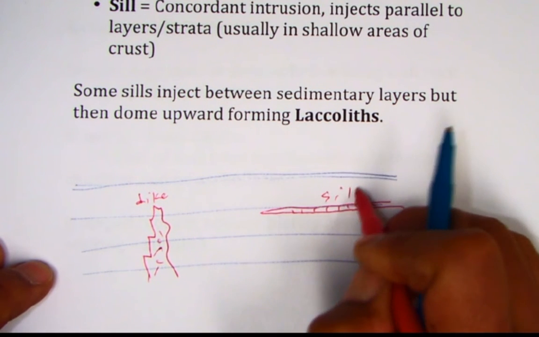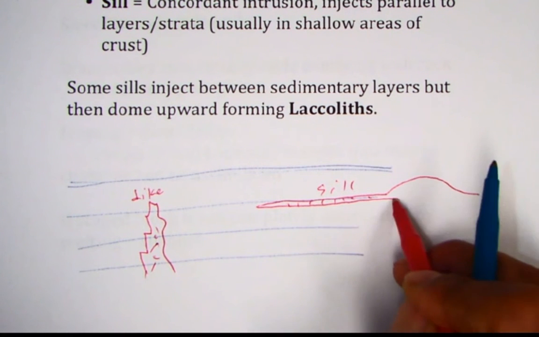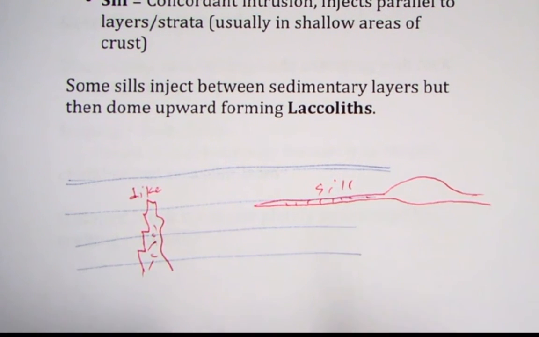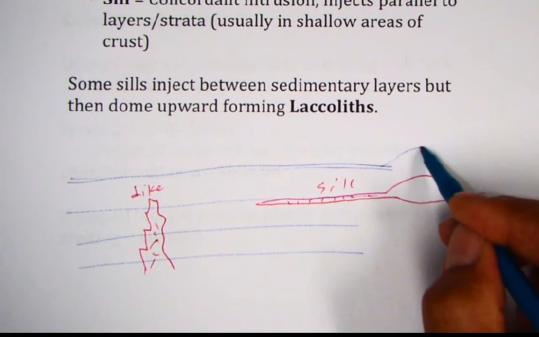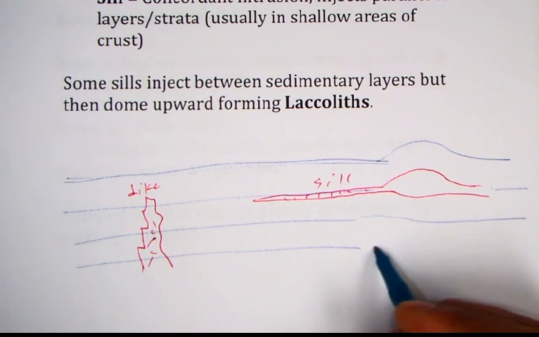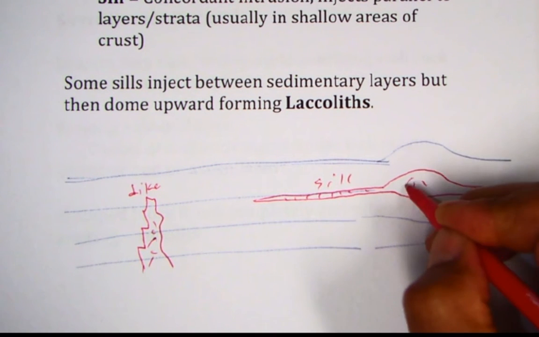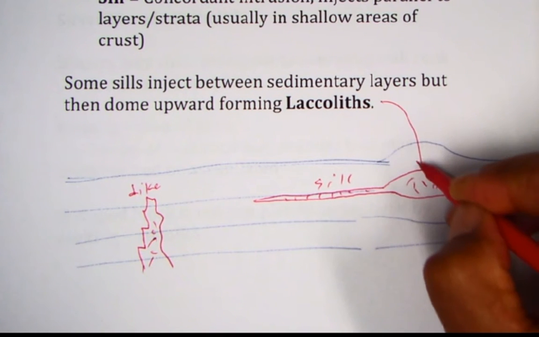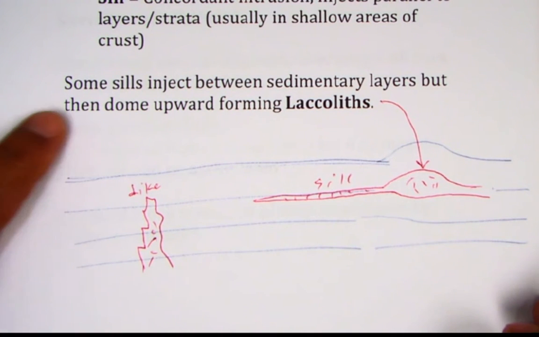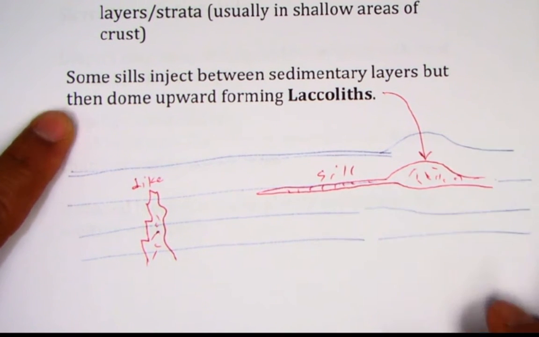In some cases, if the sill bubbles up like this and causes a change in some of the strata, this would be the laccolith. So some sills inject between sedimentary layers, but then dome upward, forming laccoliths. All right, so sills and laccoliths.